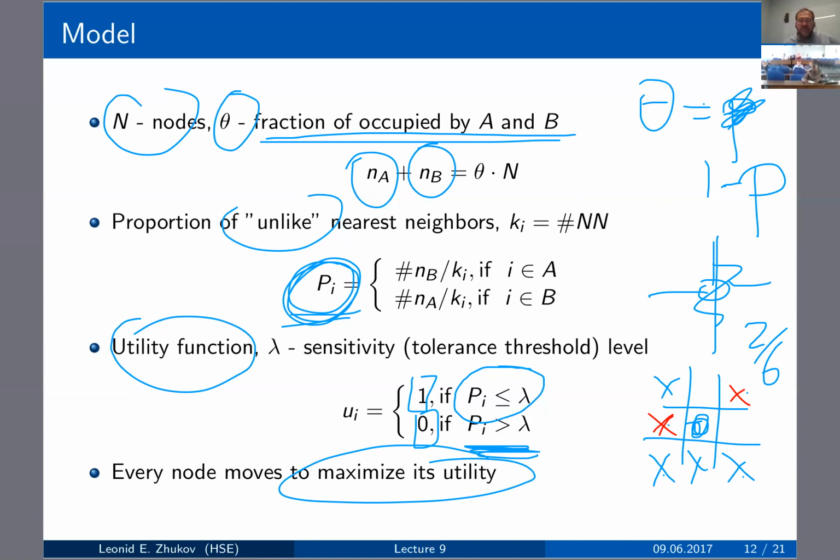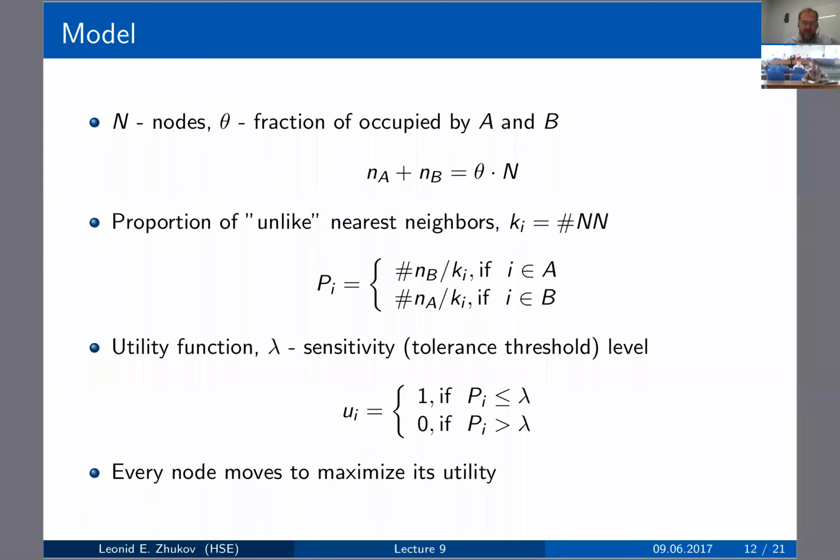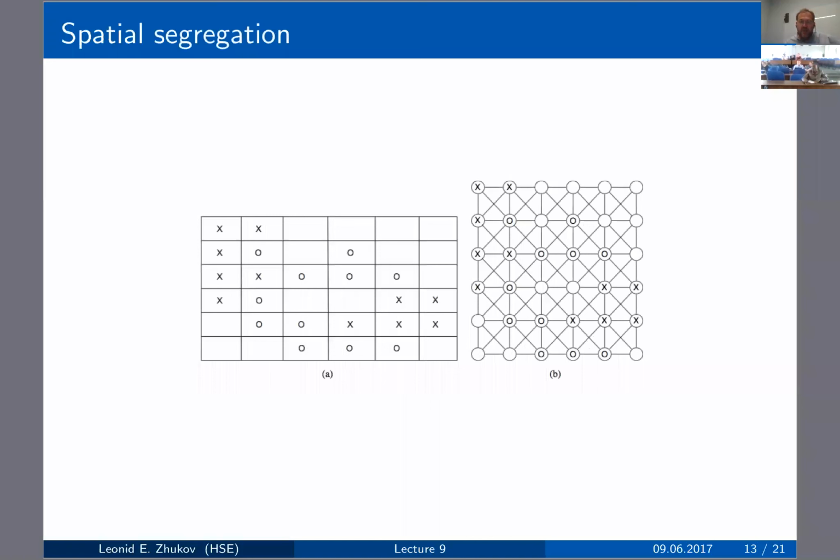And looking at the entire society, we can look at the complete utility for the entire society, which is the sum of the utilities of the nodes. And we can also look at how mixed the society is. Now, one last important thing is that so far everything I have described is really based on this idea of cells and people and agents sitting in the cell and looking at the neighborhood.